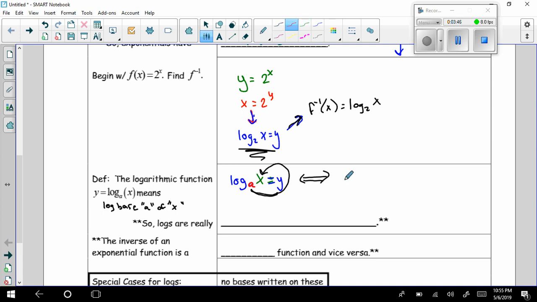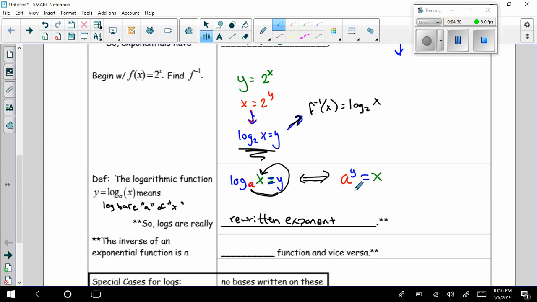And so we have a to the y is equal to x. Okay, so you'll always be able to convert from a log to an exponential or from an exponential back to a log. So logs are really just a rewritten exponent.